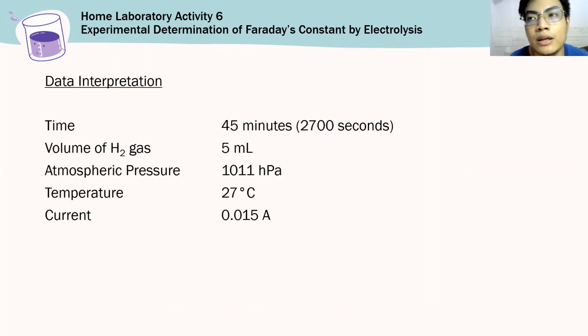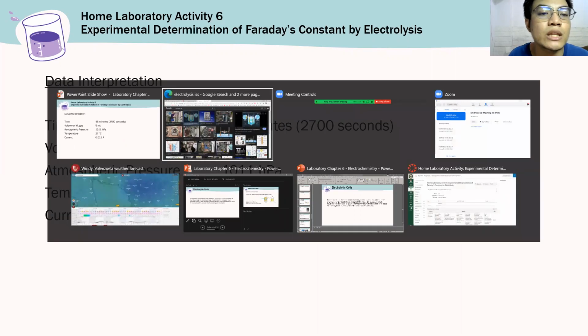I determine the time using a stop clock. I have 45 minutes of runtime, and the volume of hydrogen gas I produced is 5 mL only. The atmospheric pressure in my area is 1011 hectopascal. How will you determine this? Just go to the Windy website.